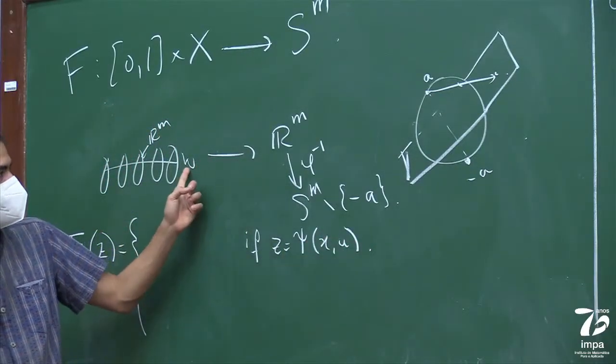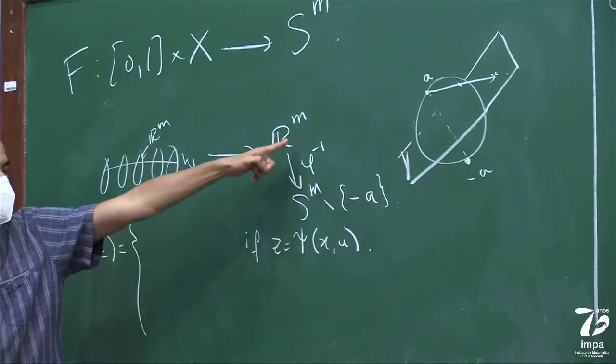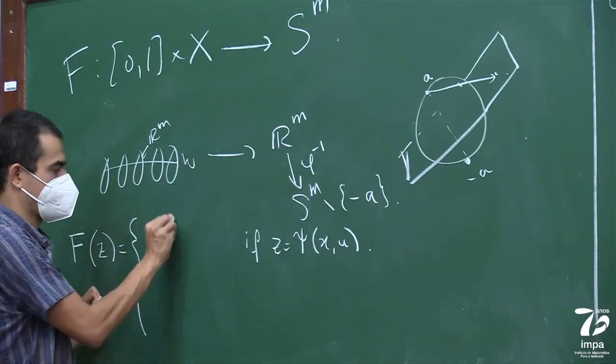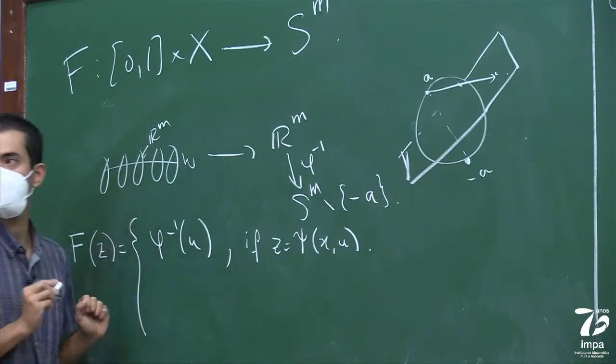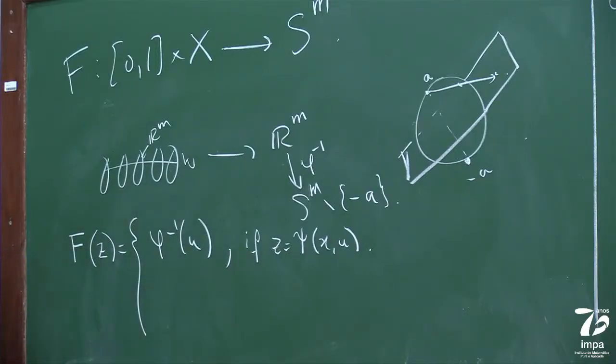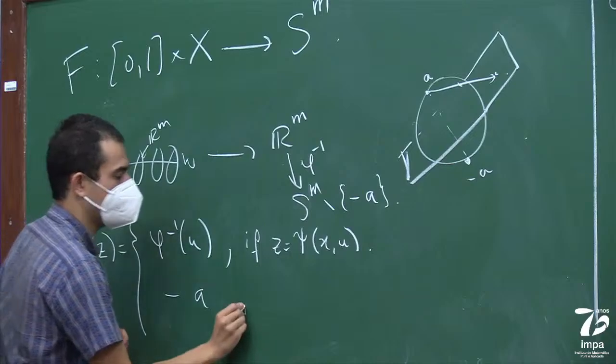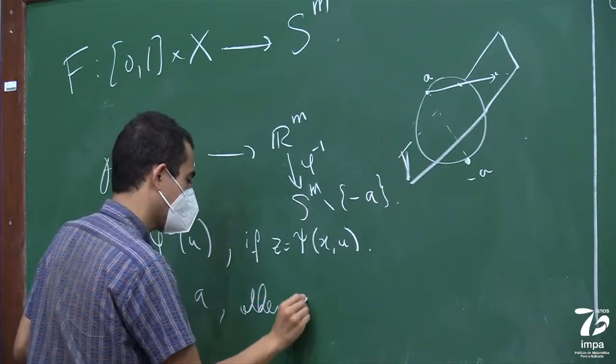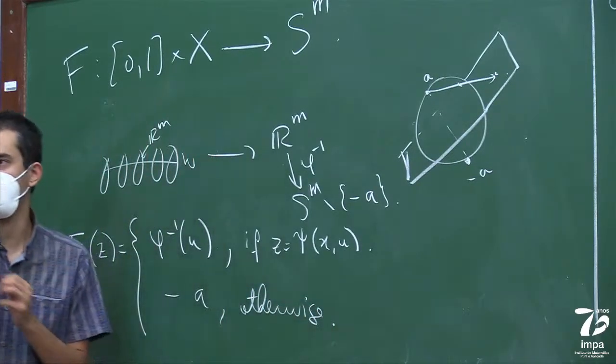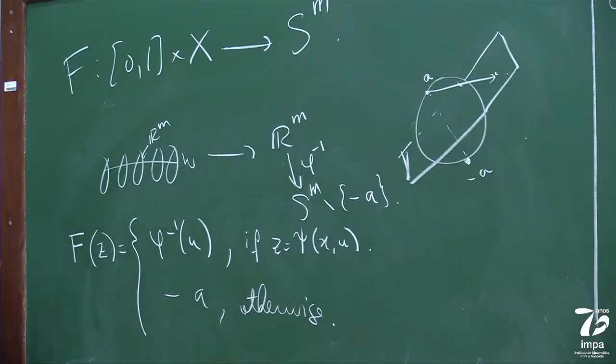I just want to project it to u, but then I look at phi inverse. And then outside of the cylinder, I just set it all to be minus a. I already did that in the case when W was just a bunch of points, but it's also true if W is a higher dimensional submanifold. It's exactly the same thing.